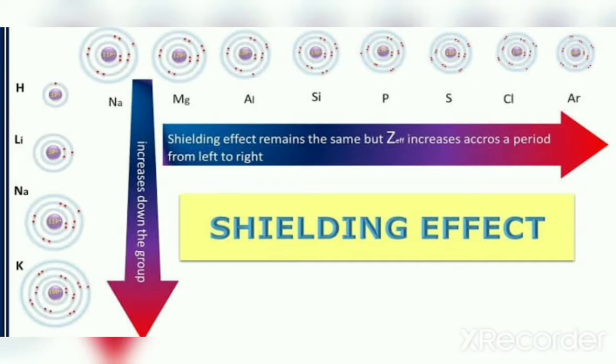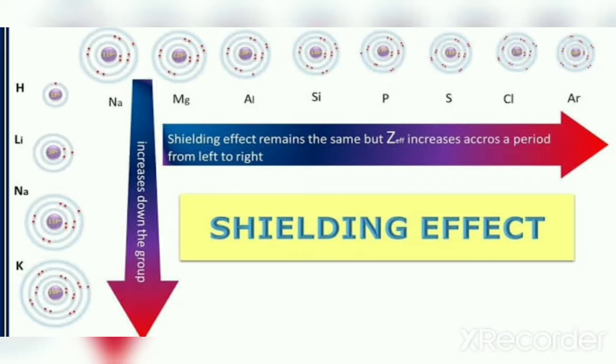As a result, the effective nuclear charge experienced by the valence electron will be less. Therefore, less energy will be required to remove the electron present in the valence shell, and we can say that it has lower ionization enthalpy.